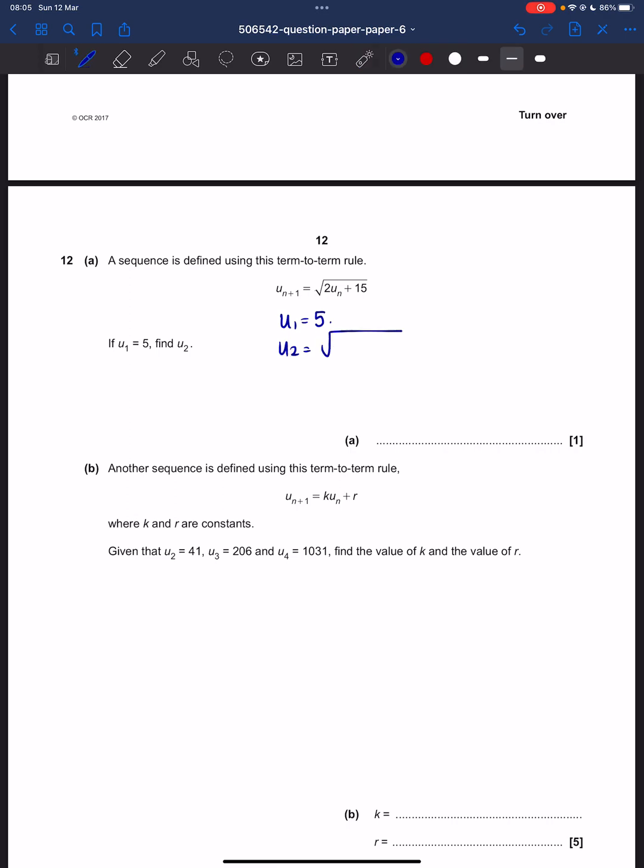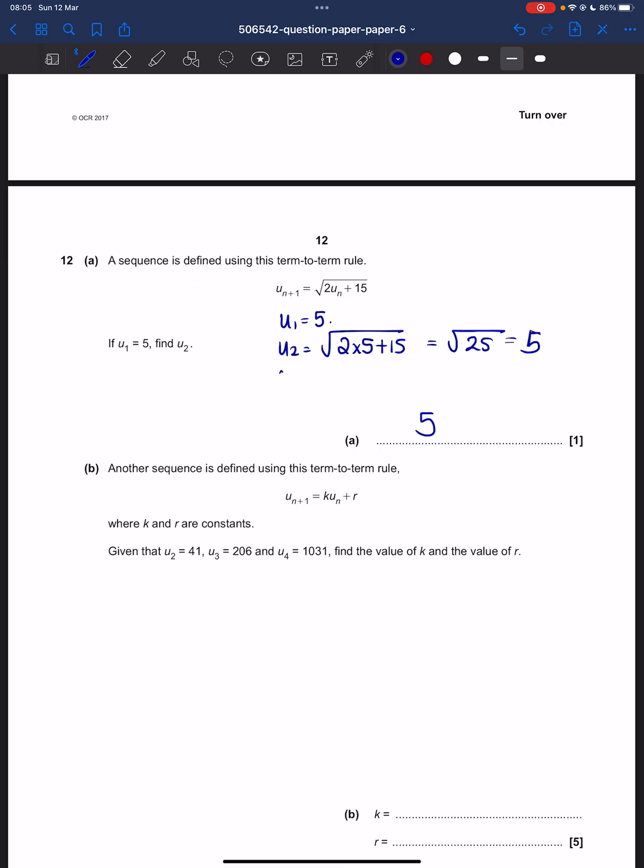So u2 is the square root of 2 times u1 plus 15. So it's going to be the square root of 25, which is also 5. That's interesting. Yeah, so u3 is going to be 5 and u4 is going to be 5.